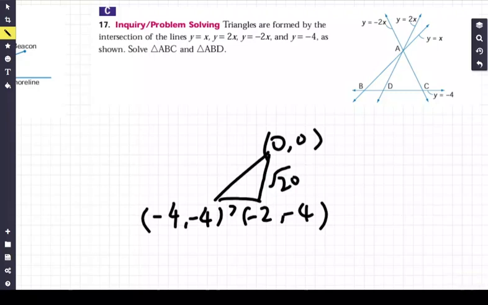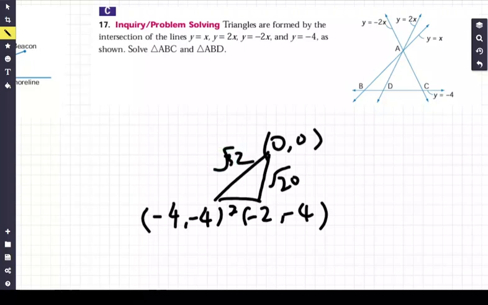Then we find the last side: we traveled 4 units to the left and 4 units down. So 4 squared plus 4 squared, square root of that, is the square root of 32.